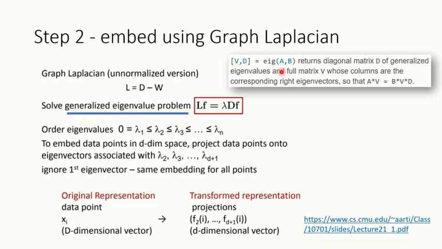For instance, in MATLAB, you just give A and B, and this generalized eigenvalue problem solver will return V and W. To apply this function, we will give L and D. So A will be L, and D will be B. You give these two matrices, and you will get V and D. V and D are the projection we want to use.